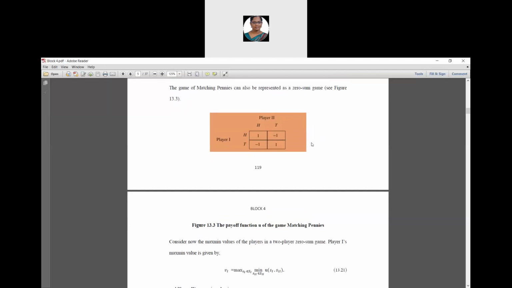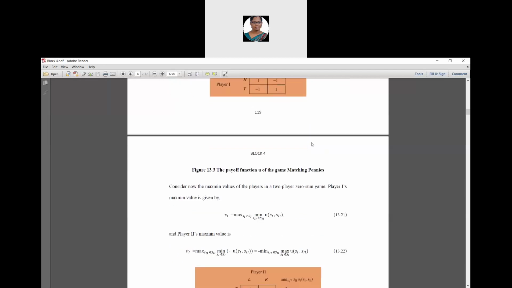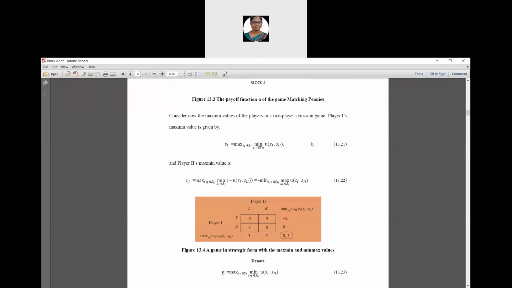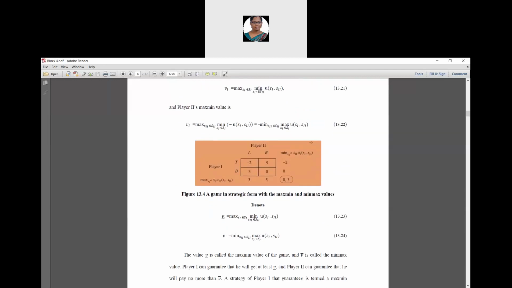Consider now the maximin value of the players in a two-player zero-sum game. Player 1's maximin value is given by v1 equal to max min of u(s1, s2), and player 2's minimax value is represented by v2 equal to minus min max of u(s1, s2).